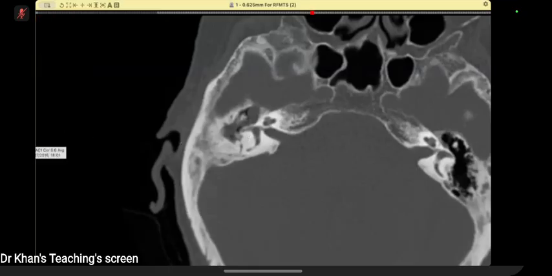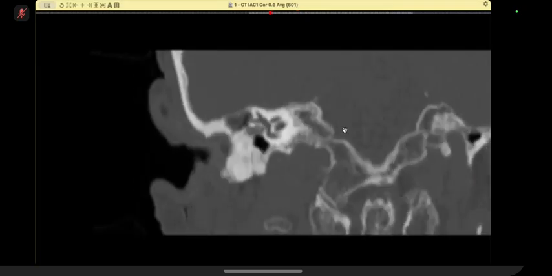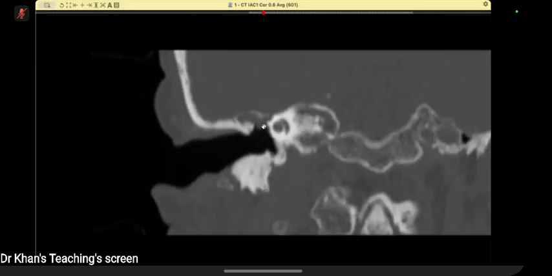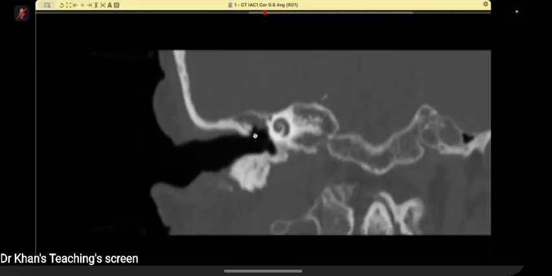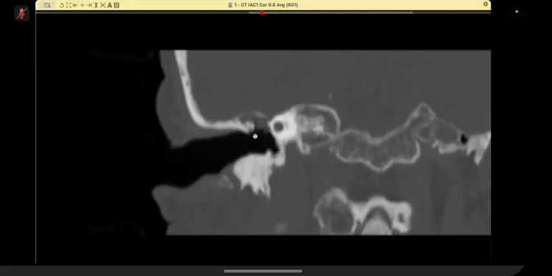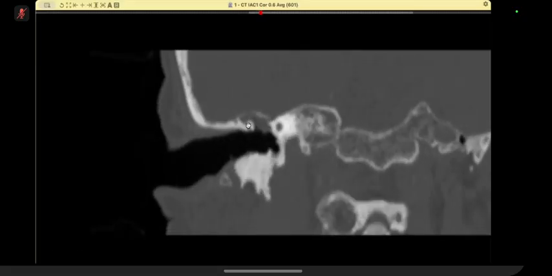So I go to a coronal, and on this coronal, see what is happening. Now, first of all, this is the external auditory canal, this is the mesotympanum and this is the hypotympanum. Whole of the opacity actually is sitting in the epitympanum, but this is the classical Prussak space.